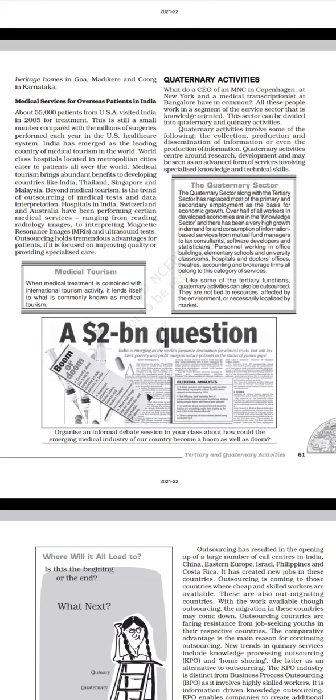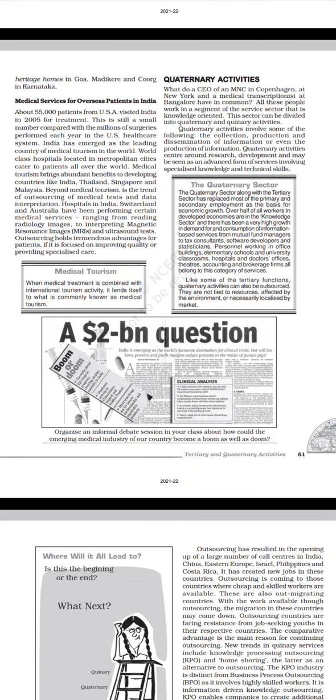Personnel working in office buildings, elementary schools and university classrooms, hospitals and doctors' offices, theaters, accounting and brokerage firms all belong to this category of services. Like some of the tertiary functions, quaternary activities can also be outsourced. They are not tied to resources affected by the environment or to a necessarily localizable market.